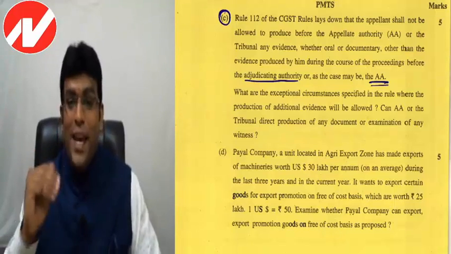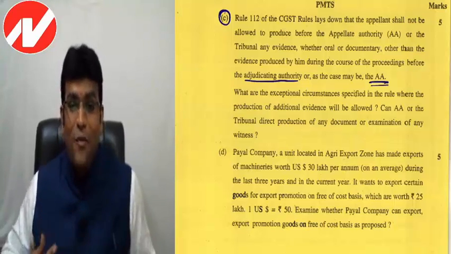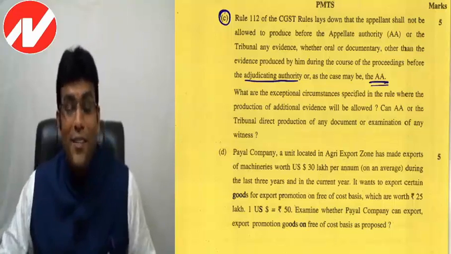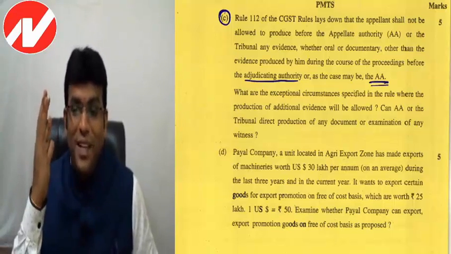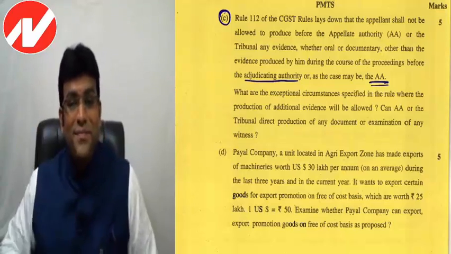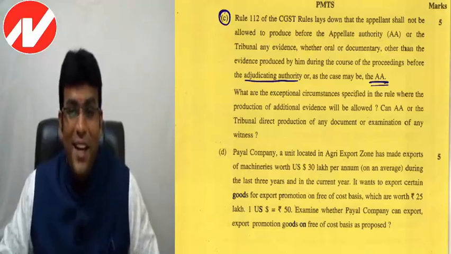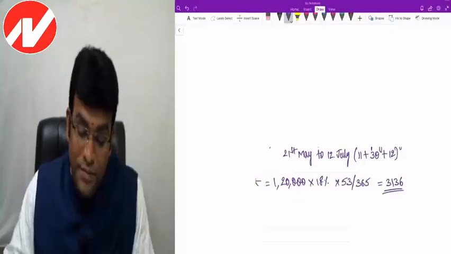Or there could be a case where the appellant was prevented by sufficient cause from producing the evidence. There was some reason because of which he could not produce that evidence. Clear, friends? Getting clarity, guys? Come on.